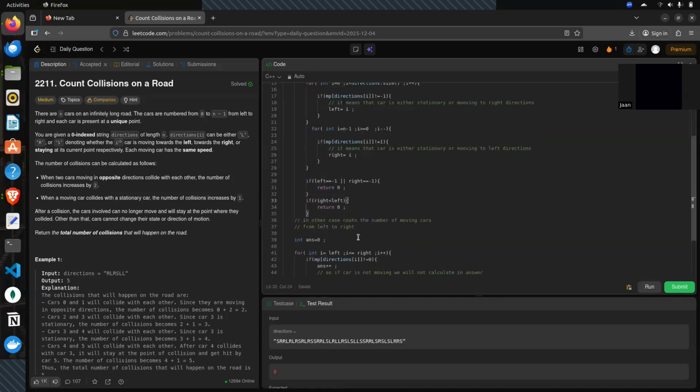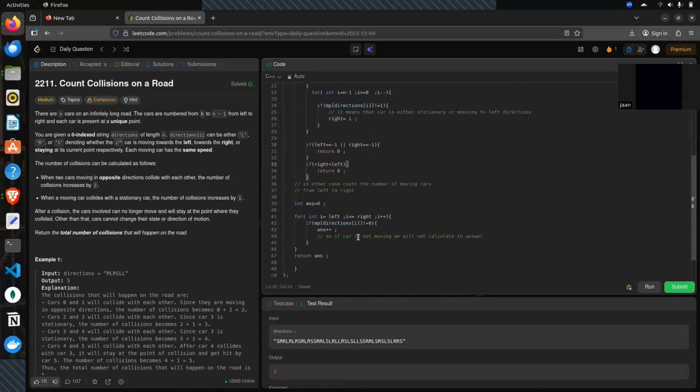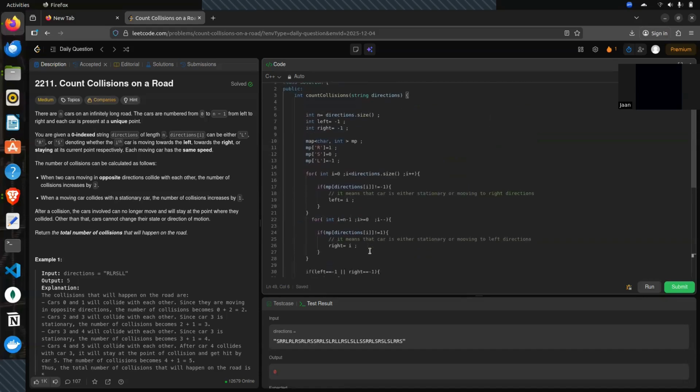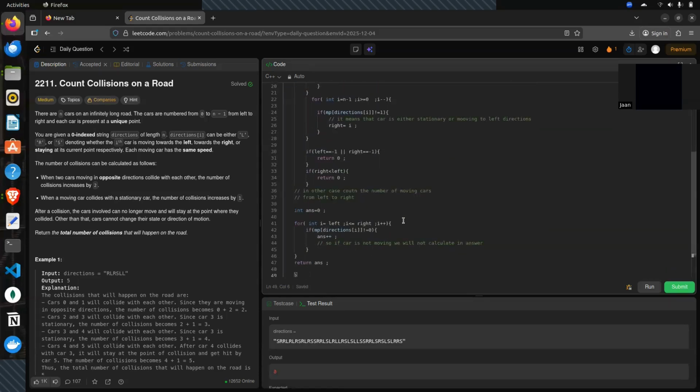If right is less than left, i plus plus, if MP of directions of i is not equal to 0, answer. What could be the error? I have to debug this.